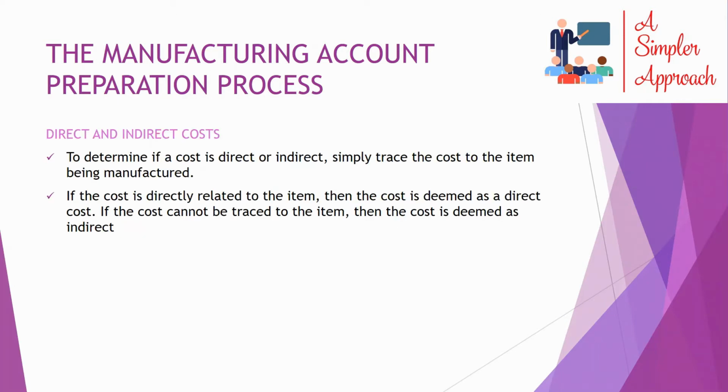Now, in order to determine if a cost is direct or indirect, all we simply do is trace the cost to the item being manufactured. If it is directed at the item, it is deemed as direct. If it cannot be traced to the item, if it is far off or in another hemisphere, then it is considered indirect.